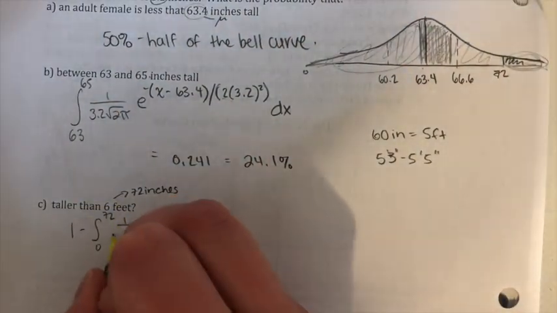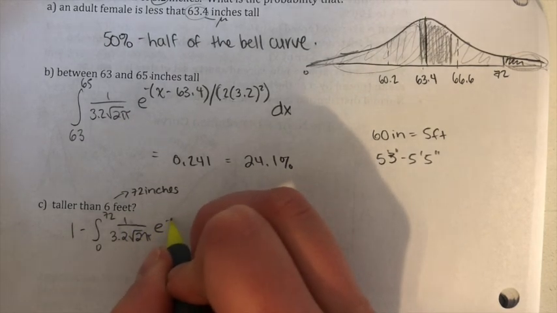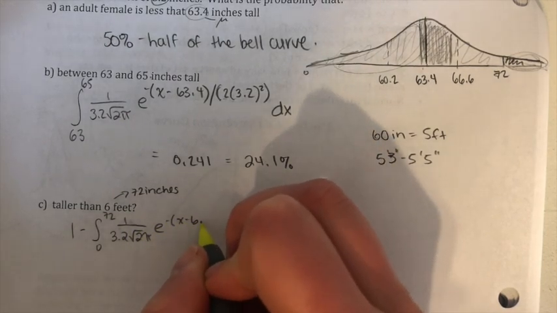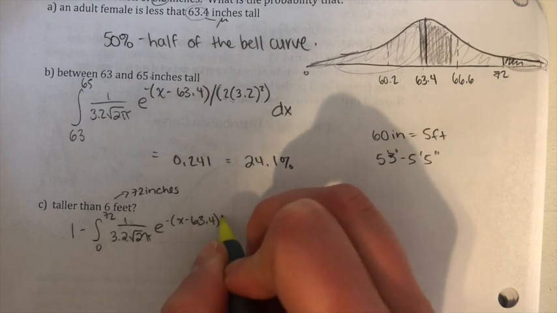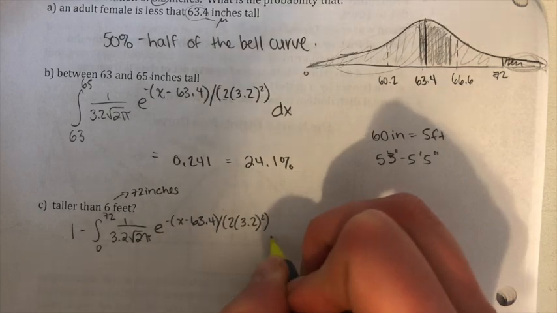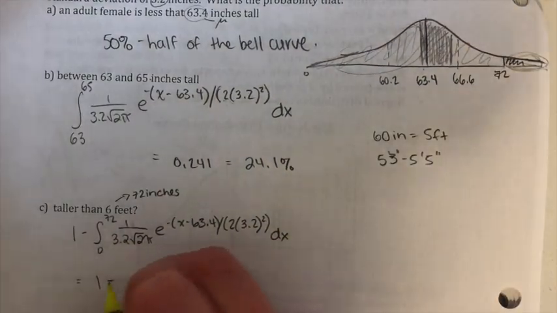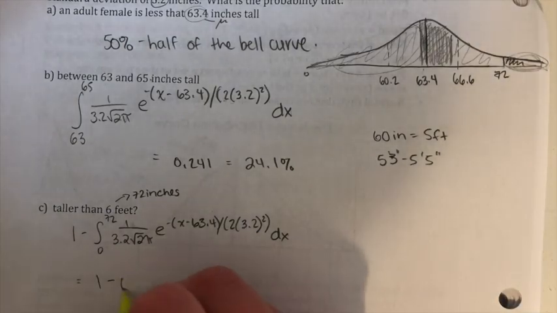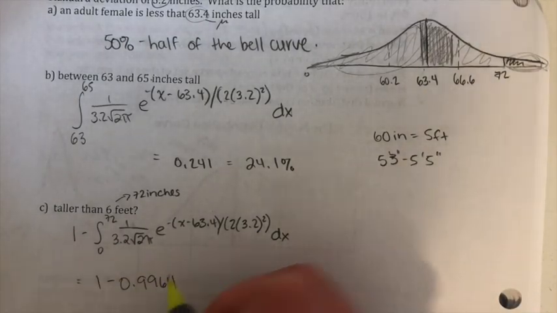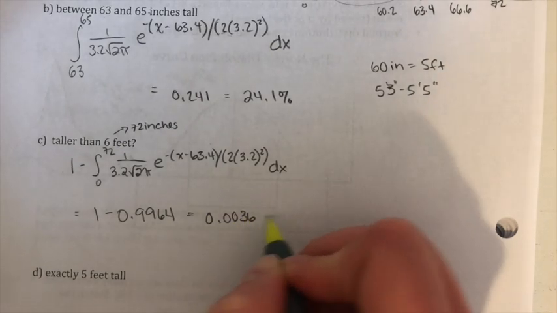So it's 1 over 3.2 times the root of 2 pi. It's that same thing. So e to the negative x minus 63.4, divided by 2 times 3.2 squared dx. So I get 1 minus 0.9964. So then I get 0.0036.